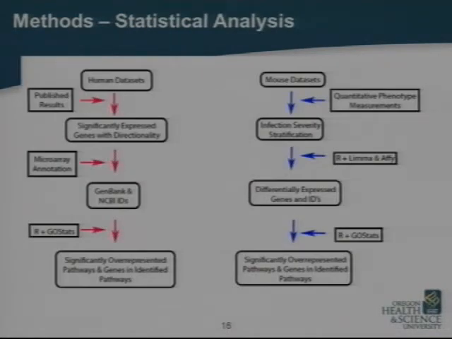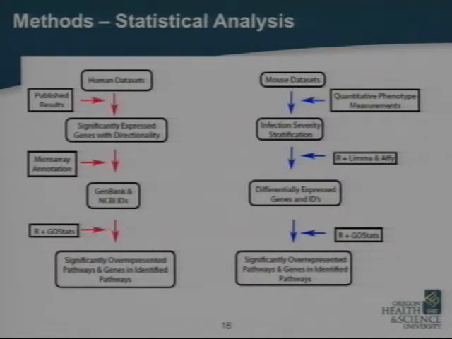For the statistical side of things, it's again broken down into two parts. The first, for the human data sets, I've taken all of the published results from the data sets and recorded the significantly differentially expressed genes.